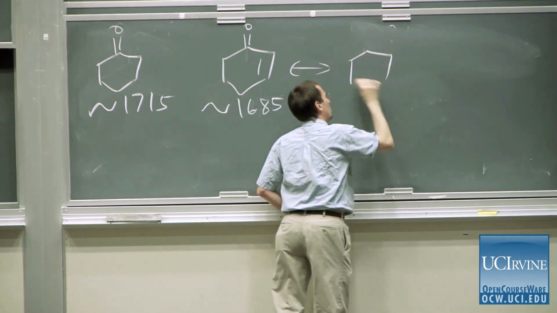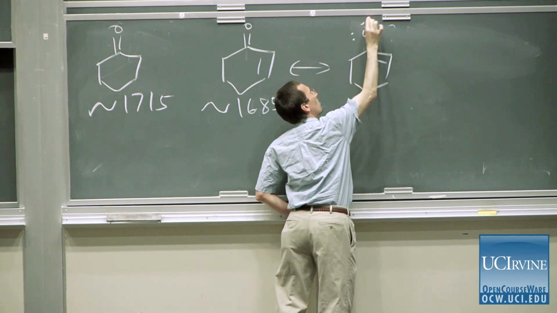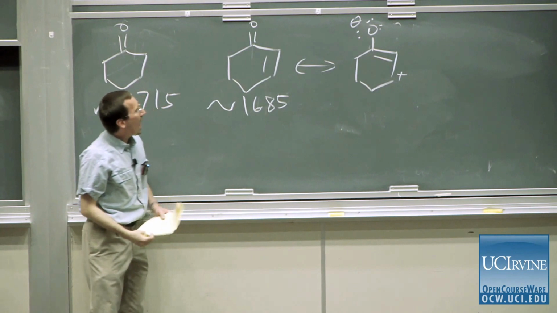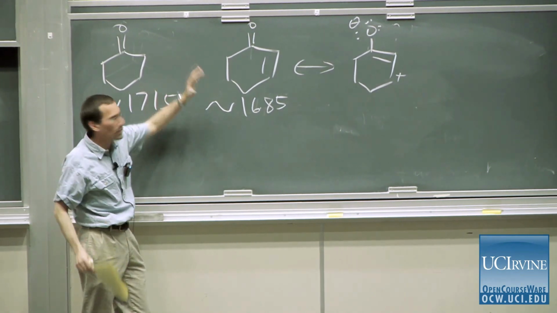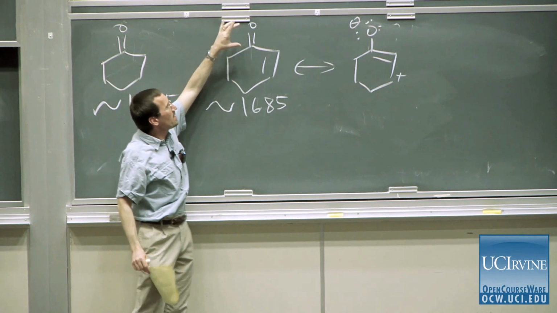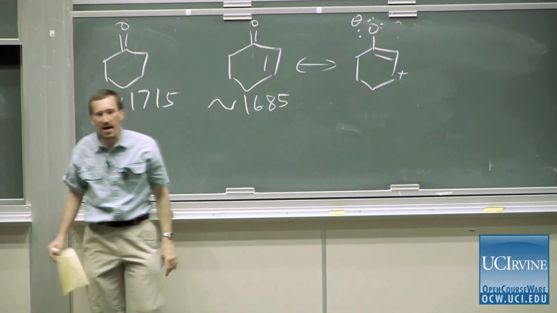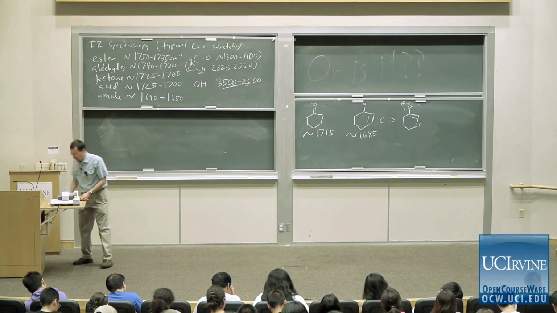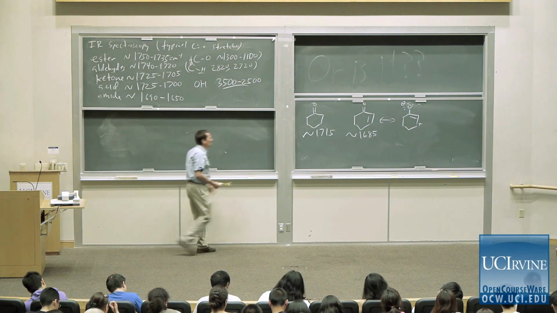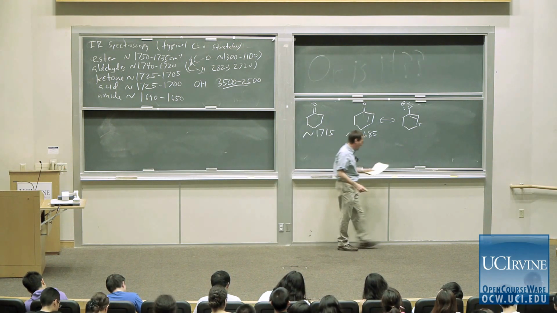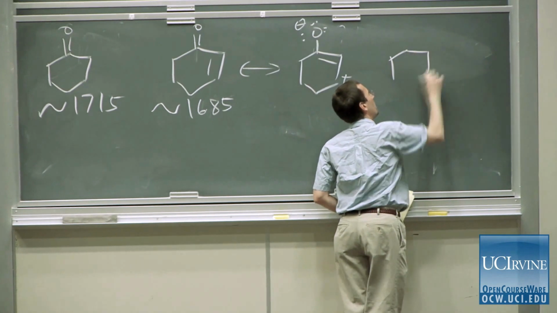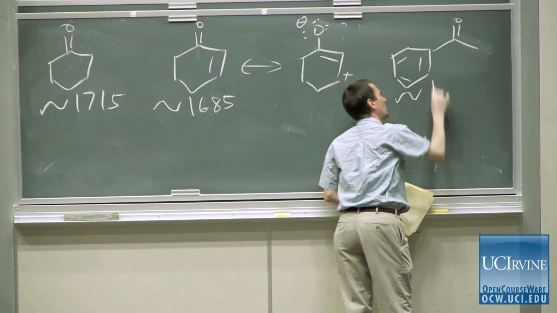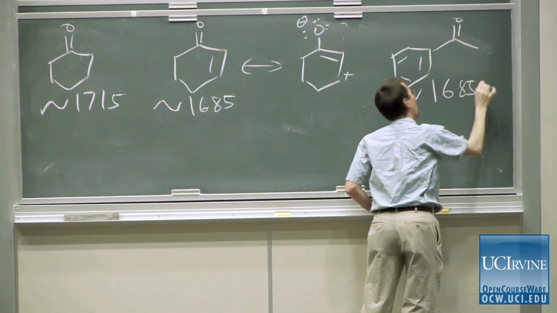One of the resonance structures has single bond character. It's a minor contributing structure, but it shows you how collectively the various pictures of the molecule indicate that the carbon-oxygen double bond isn't quite as strong, so it doesn't stretch at quite as high a frequency. This same type of effect occurs in other alpha, beta unsaturated carbonyl compounds. For example, if we look at acetophenone, the ketone is also at about 1685 wave numbers.